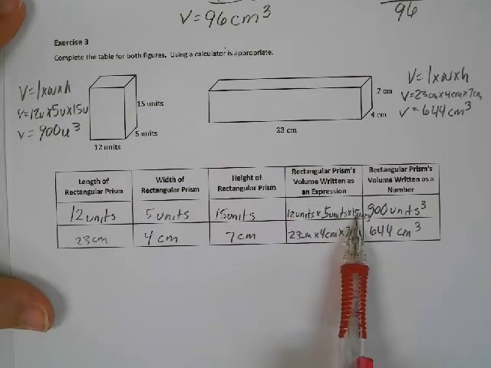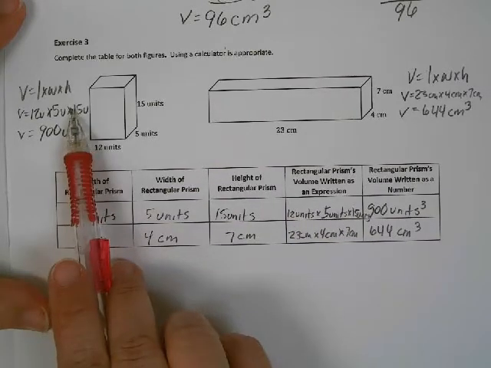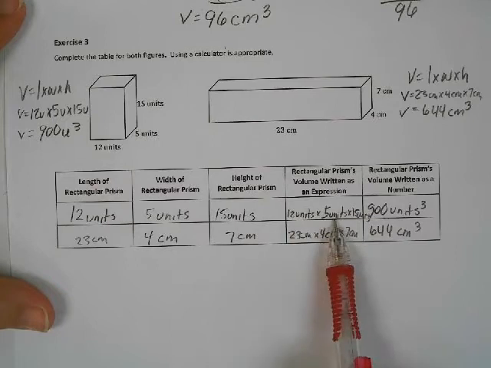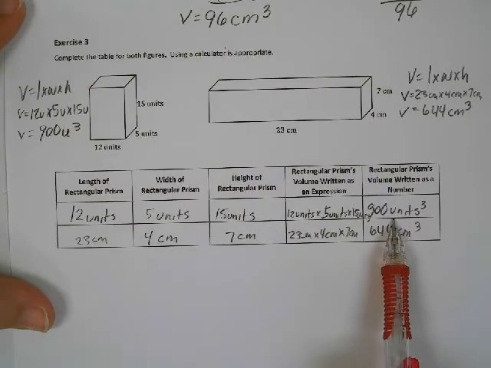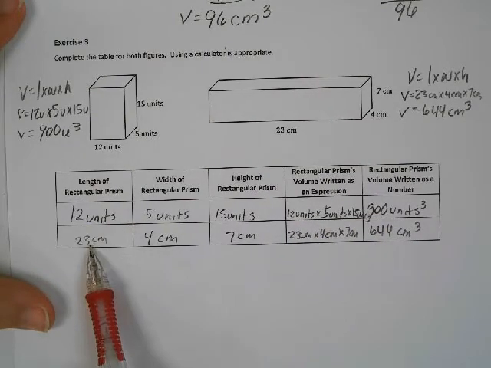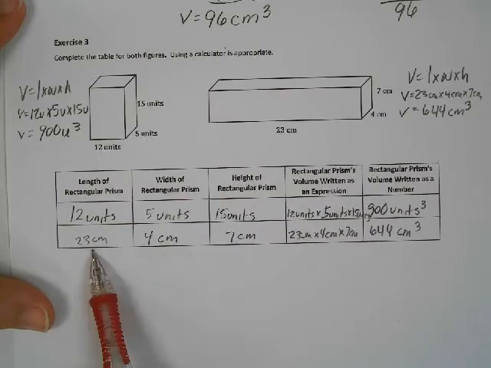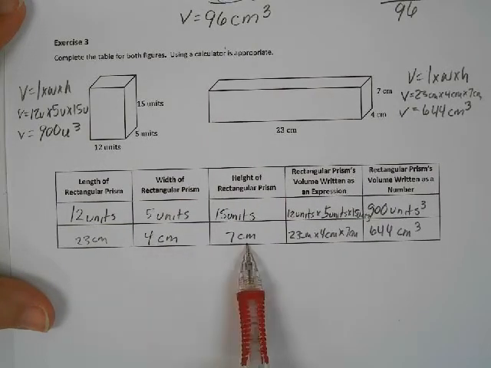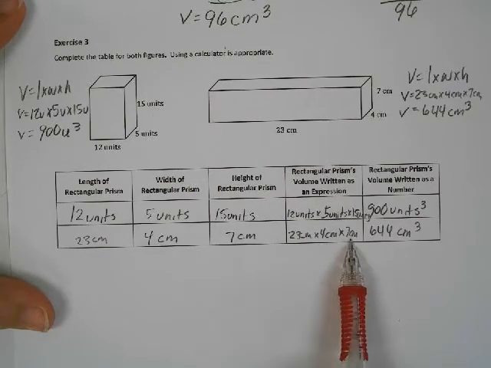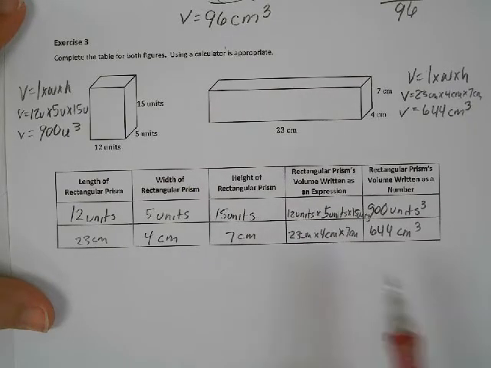Multiply all of those together. This multiplication should look the same as over here. 12 units times 5 units times 15 units, and that equals 900 units cubed. And then 23 centimeters, 4 centimeters, 7 centimeters. Show that as a multiplication expression, 23 centimeters times 4 centimeters times 7 centimeters, and that results in 644 centimeters cubed.